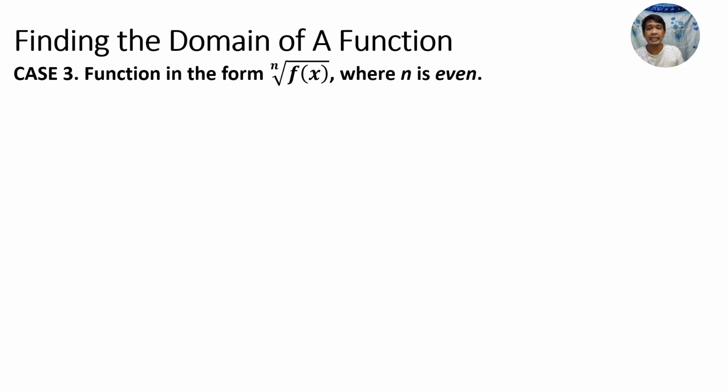So, kapag ganyan, alam naman natin na kapag square root ng negative or fourth root ng negative, sixth root ng negative number ay nagiging imaginary. So, therefore, ang gagawin lang natin dito is that i-restrict natin na dapat yung ating radicand, your f of x here, must not be equal to a negative number.